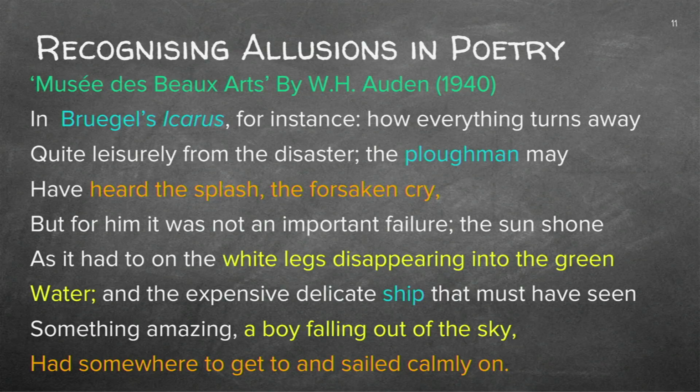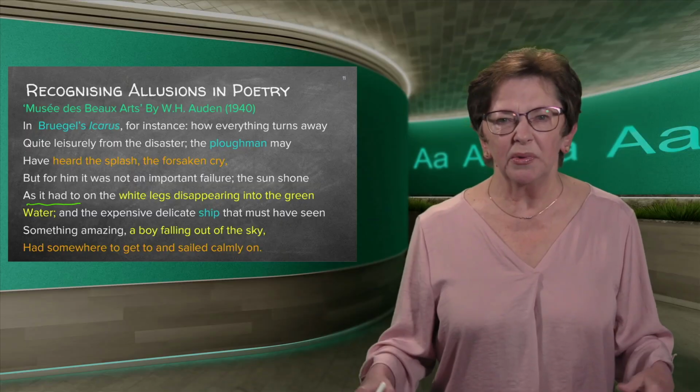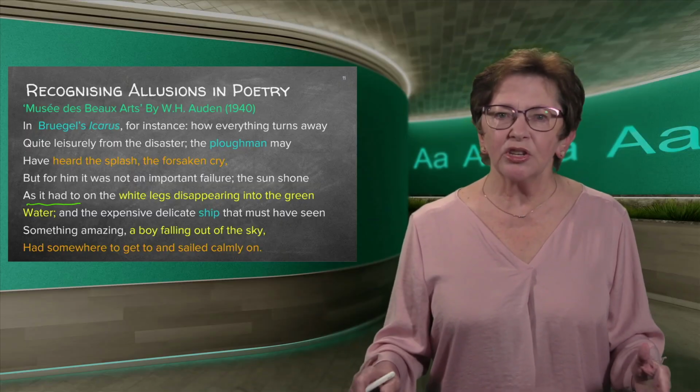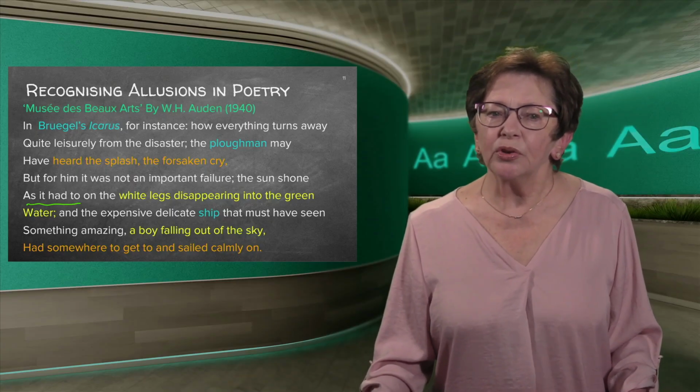So look how he says, the sun shone as it had to. So remember, he said that he agrees with the old master, that suffering goes on all the time and we don't even notice. And it's as though it just has to be. On the white legs disappearing into the green water.